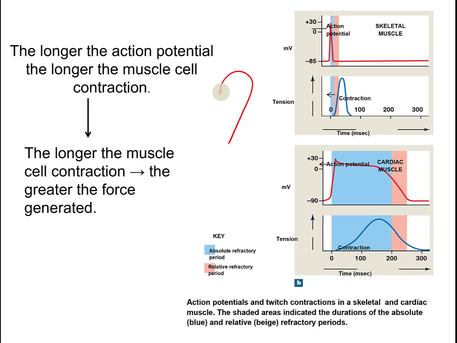The heart doesn't really look like this, but let's say you had a heart attack and this little patch here was destroyed. So some people thought, well, we'll just take the skeletal muscle cells and put them in that patch. But they found out that the skeletal muscle cells could not keep up. They couldn't generate enough force, and it just didn't work. And now we know why that is.